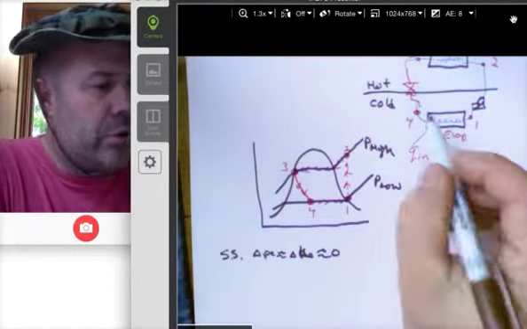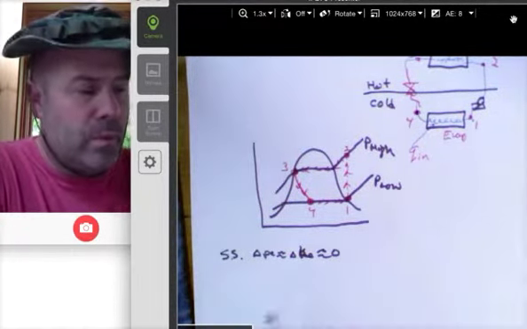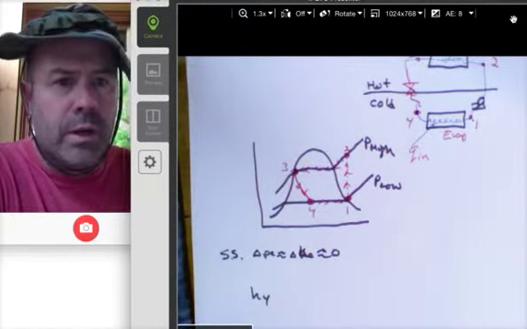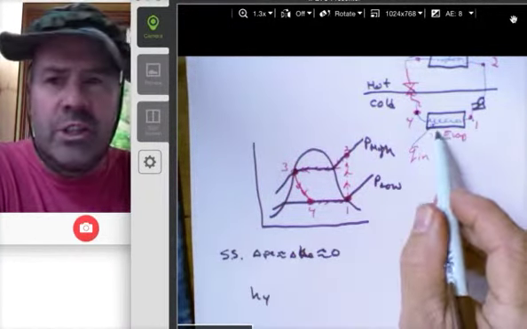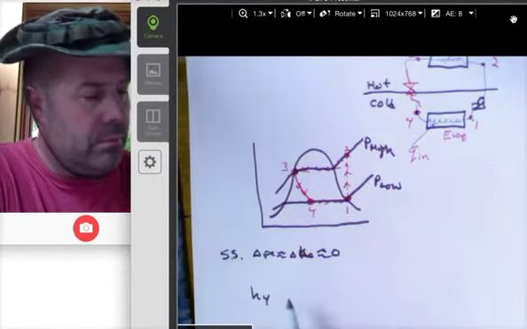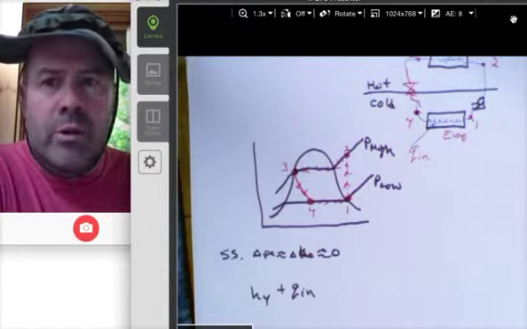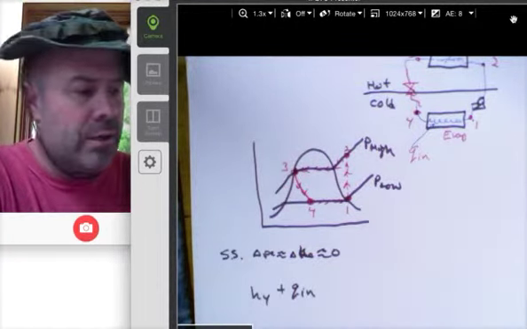Well, let's start here with the evaporator. What goes in? H4. And then what kind of energy are we doing here? Heat in. No other heat, no other work, just heat in.